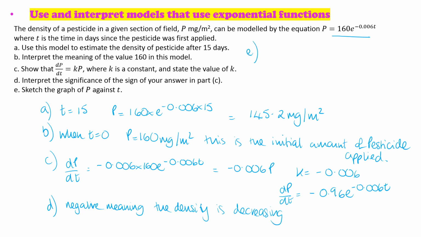And then part E, sketch the graph. Well, when you're doing this sketch and you're modelling, you're just really looking from when t is equal to 0. This is t, so we've got this 160, and it's coming down because it's exponentially negative, so that would be our graph.